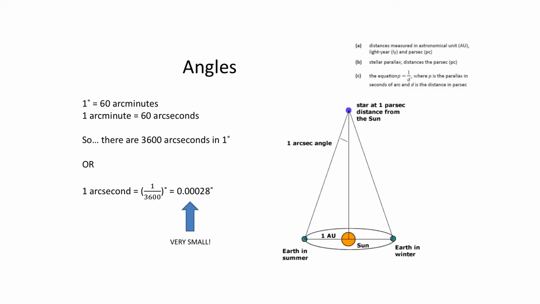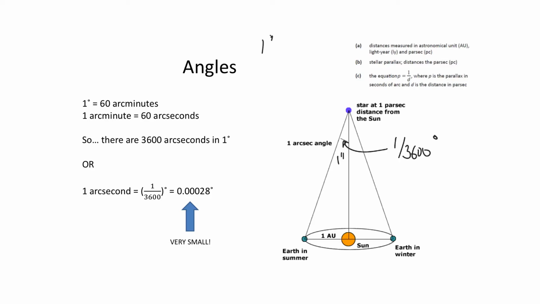So now, if this angle here is 1 over 3,600 of a degree, that's just equal to 1 arc second, and you write that as 1 double dash. Just in case you're reading around, 1 double dash means arc seconds, and 1 single dash means arc minutes. So in some books you might see 1 single dash and that's 1 arc minute, but generally speaking you'll see 1 double dash, which is then 1 arc second, an angle of 1 over 3,600 degrees.